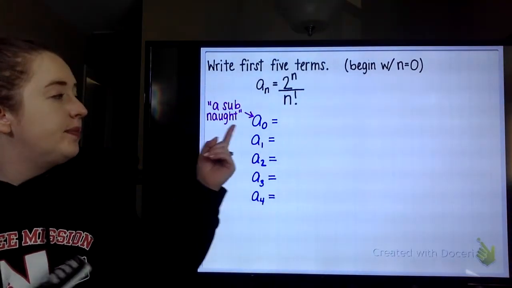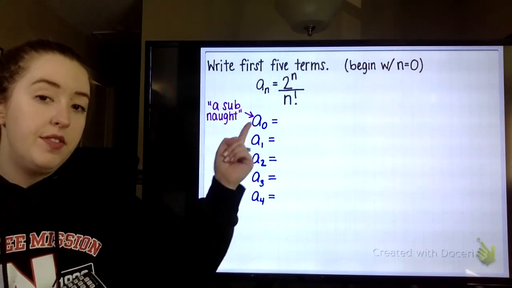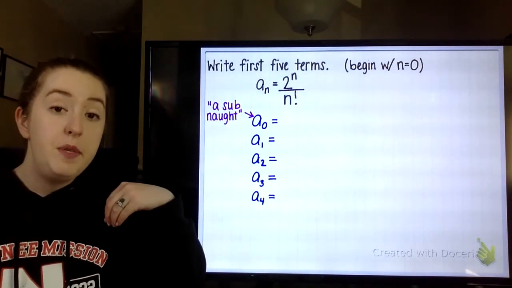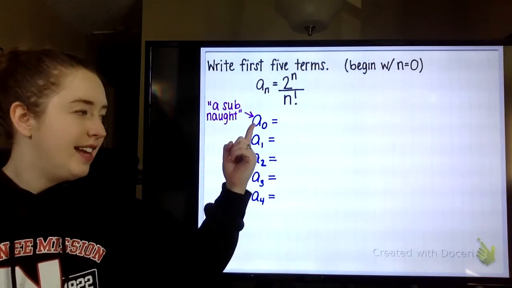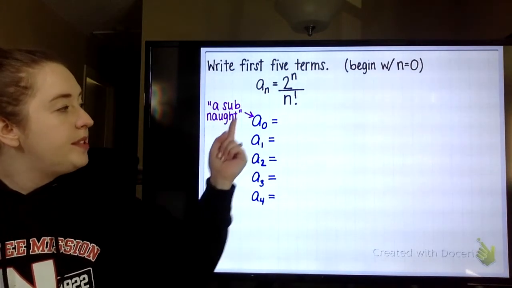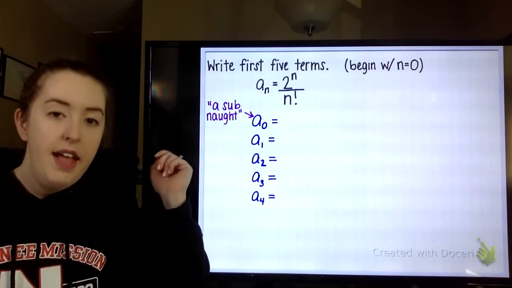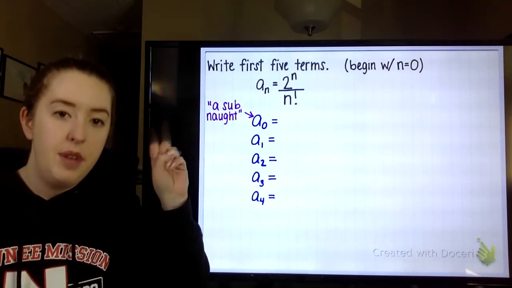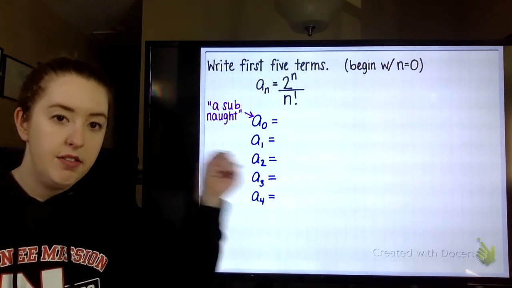So first of all, one thing I wanted to tell you about is when you have this subscript of 0, a lot of times people will call it a sub naught, or n sub naught. So the sub means subscript, and naught is the British word for 0. And so when you hear sub naught, that means 0.